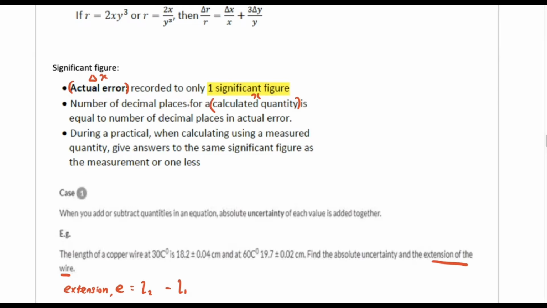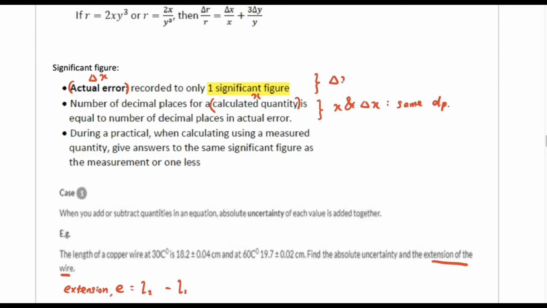And then the number of decimal places for x is equal to the number of decimal places in the actual error. So they are trying to say that x and delta x have the same decimal places. Okay, so this is the concept.